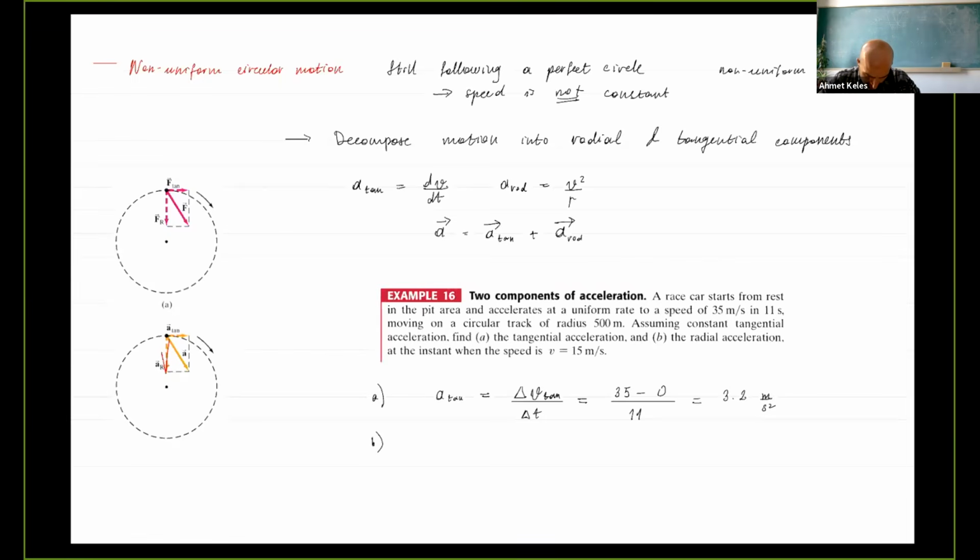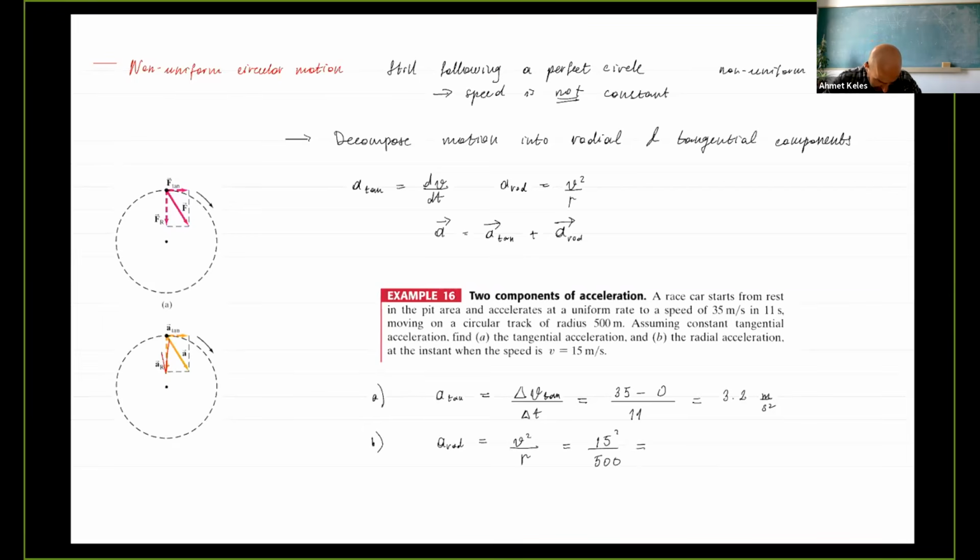And B, radial acceleration. We already wrote it, a radial. Radial acceleration depends on time now, and they are asking for the radial acceleration at the instant when the speed is 15 meters per second. When the speed is 15 meters per second, the radial acceleration is going to be V squared over R, and this is equal to 15 squared over the radius, 500.